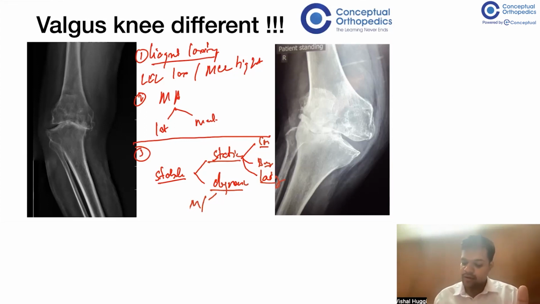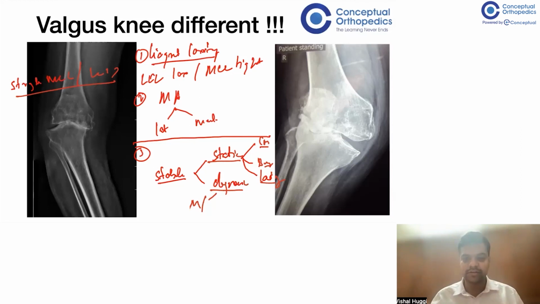The concept of a stretched-out MCL or LCL is questionable. The ligament cannot stretch out, right? If you think that a ligament can stretch out, then your ACL, which you flex and extend over a period of time, would have to stretch out.